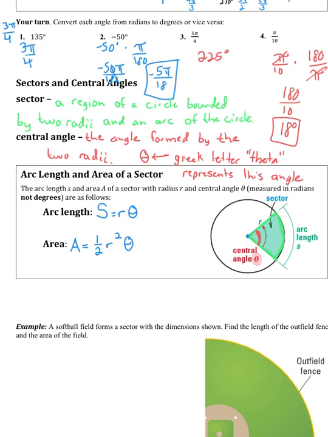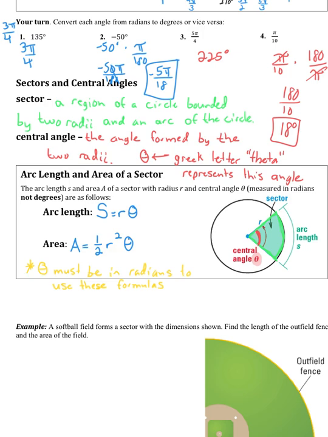Okay? There's one catch to using these formulas. Very, very important. When you use these formulas, theta must be in radians. If theta is not in radians, you have to convert it.